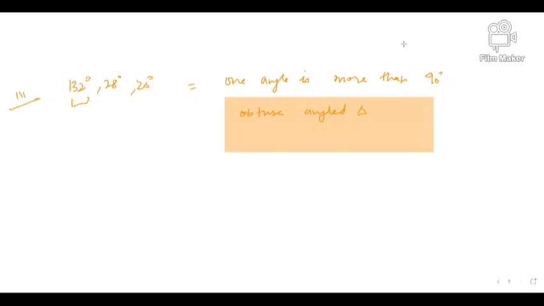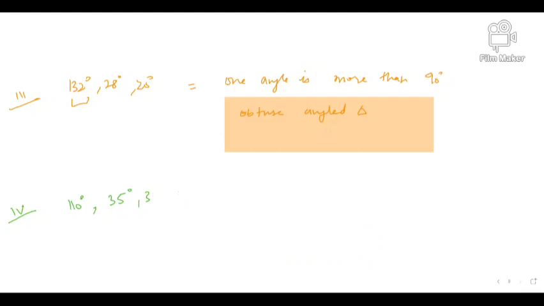Let's move further. Fourth part is given as 110 degree, 35 degree, and 35 degree. So here we can see two angles are of same length. This is not the fourth part.